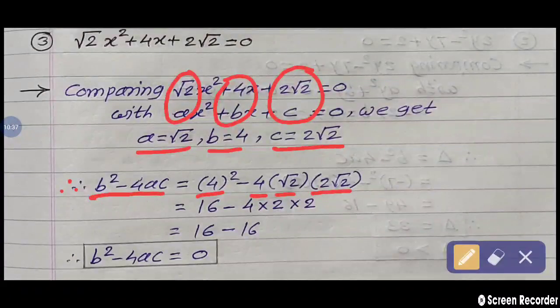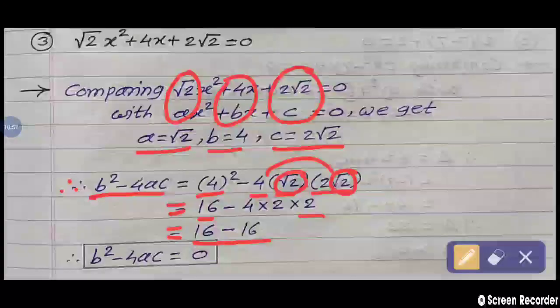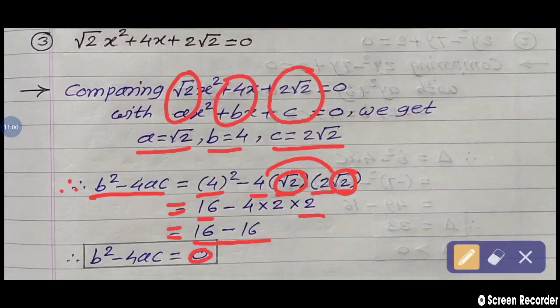In the next step, that is equal to 4 square is 16 minus 4 multiplied by 2, since root 2 multiplied by root 2 is 2. Clear, all of you? So 4 multiplied by 2 multiplied by 2 is 16. So 16 minus 16, we are getting the value 0. This is the value of discriminant, that is b square minus 4ac is equal to 0.